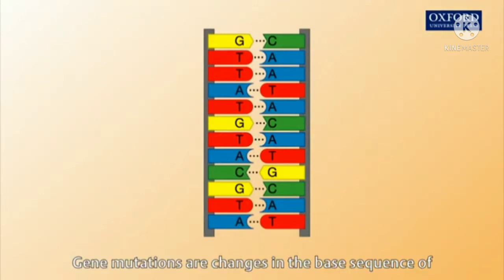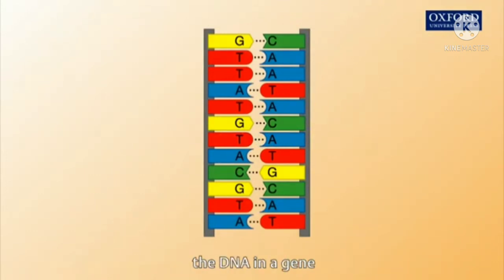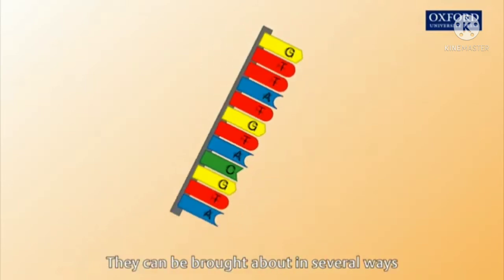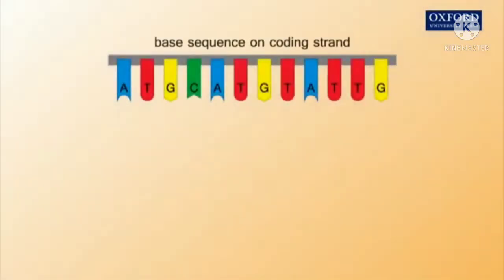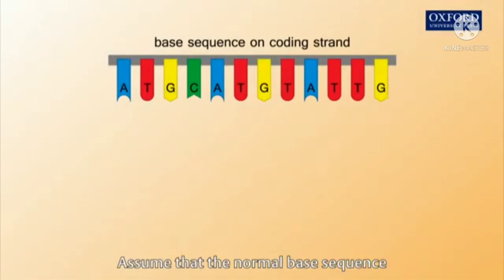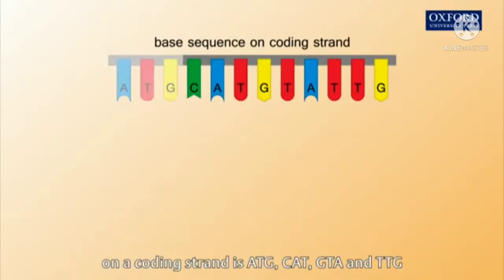Gene mutations are changes in the base sequence of the DNA in a gene. They can be brought about in several ways. Assume that the normal base sequence on a coding strand is ATG, CAT, GTA, and TTG.